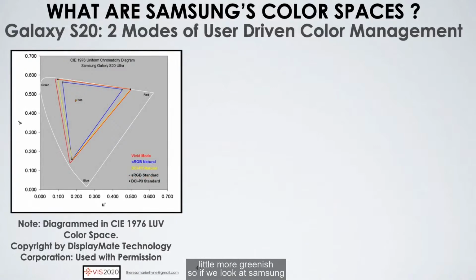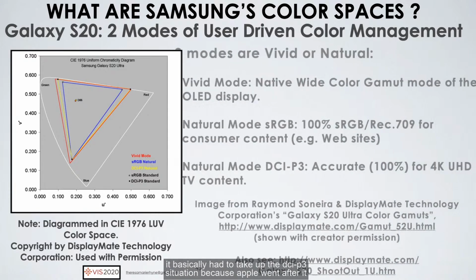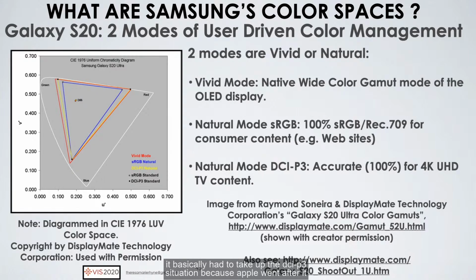If we look at Samsung, which is another competitive mobile phone device, it basically had to take up the DCI situation because Apple went after it. They provide a natural mode of DCI-P3, and they're 100% accurate with regards to TV content.